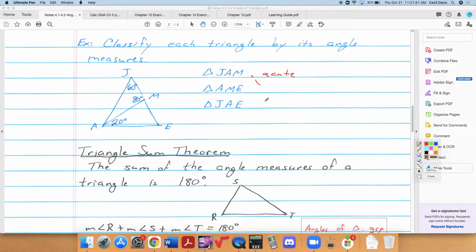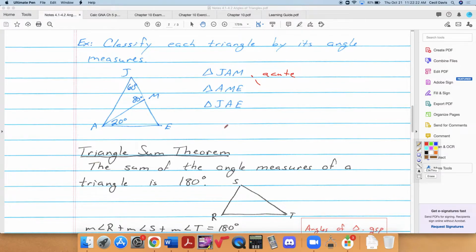It's right. Why? Because 80 and the other angle, AME, are a linear pair.